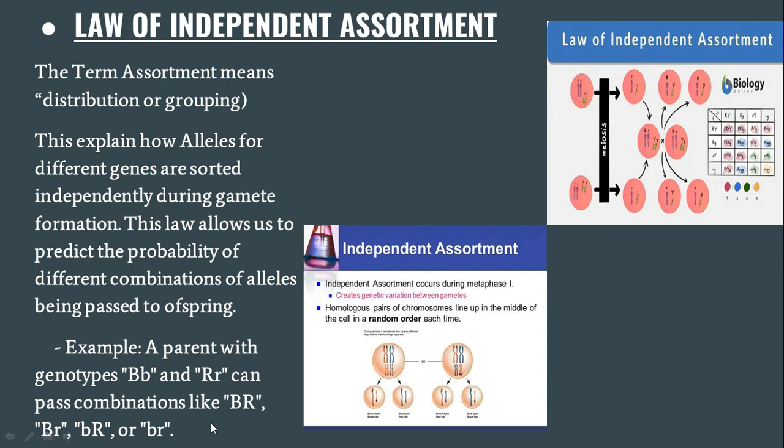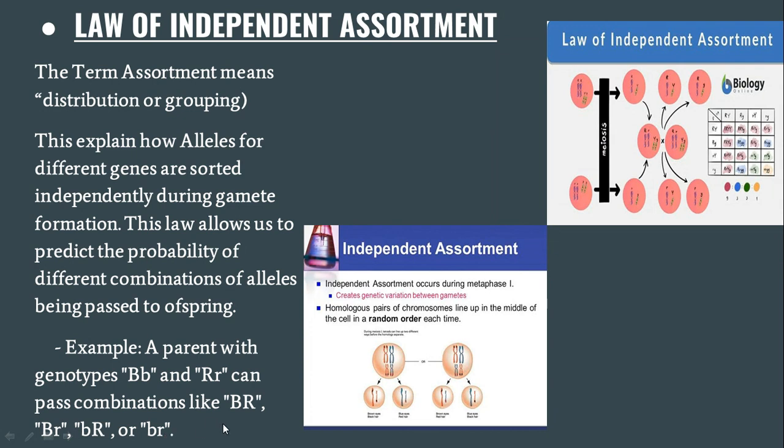A parent with genotype capital B and small b, and a parent with capital R and small r can pass combinations like capital B and capital R, capital B and small r, small b and capital R, or small b and small r.